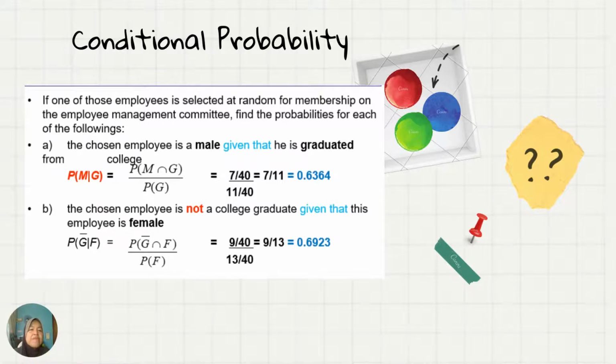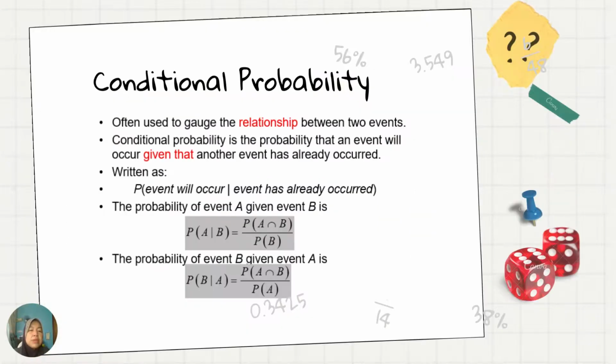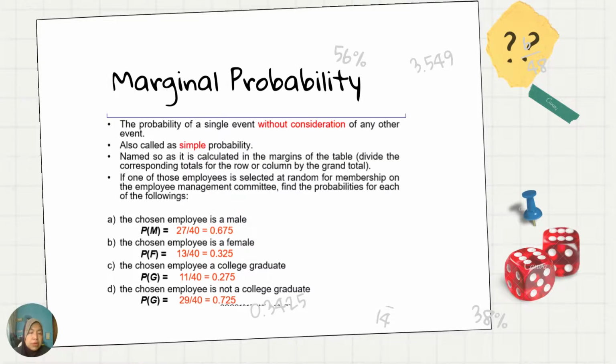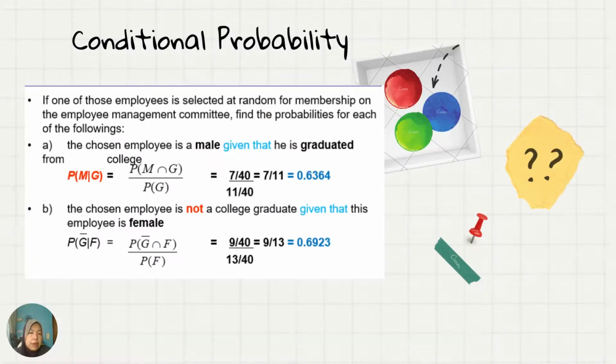I'm so sorry, I mixed it up. It must be conditional on the female category. The female category is 13/40. Sometimes I also do wrong things. Sorry for that. So 9/40 divided by 13/40, and you will get the answer 0.6923.